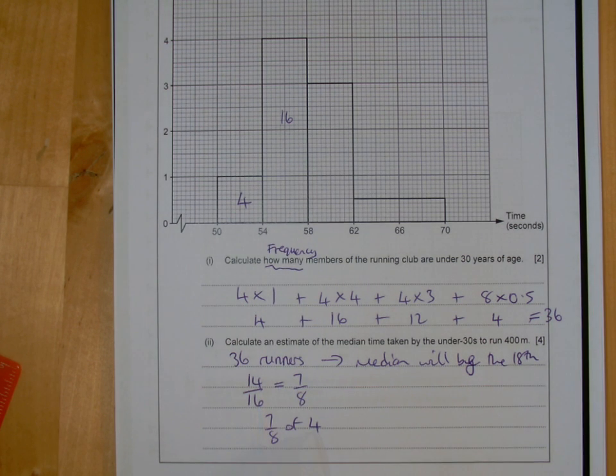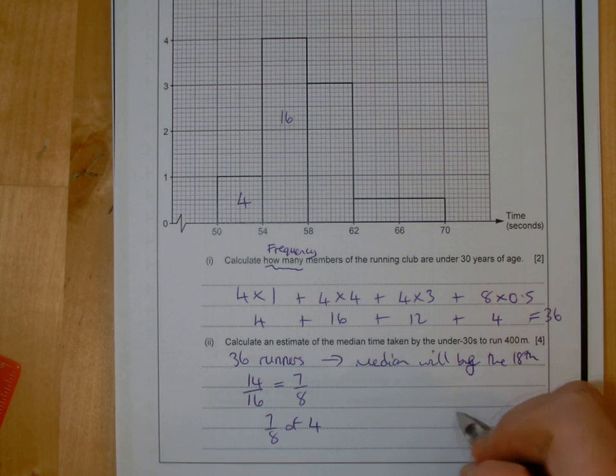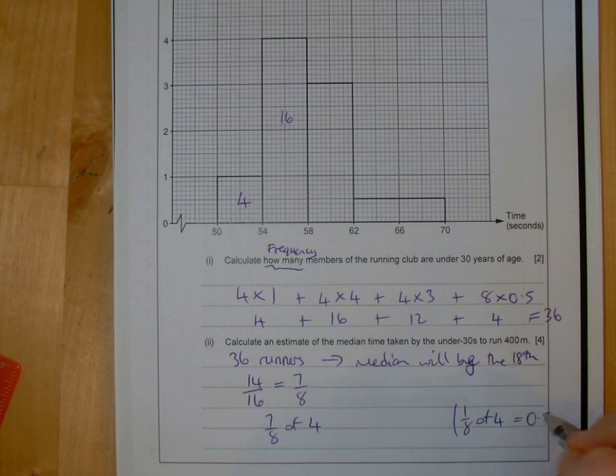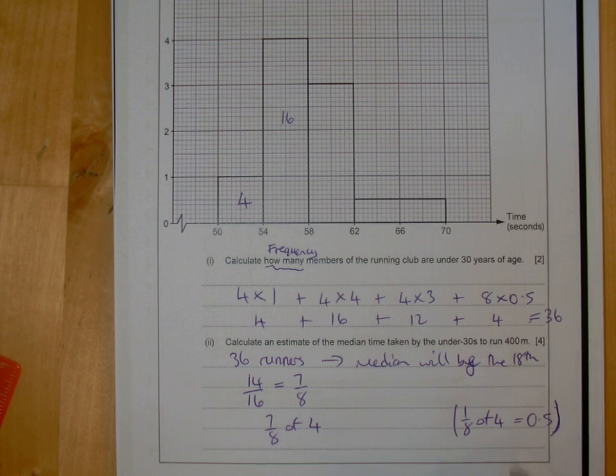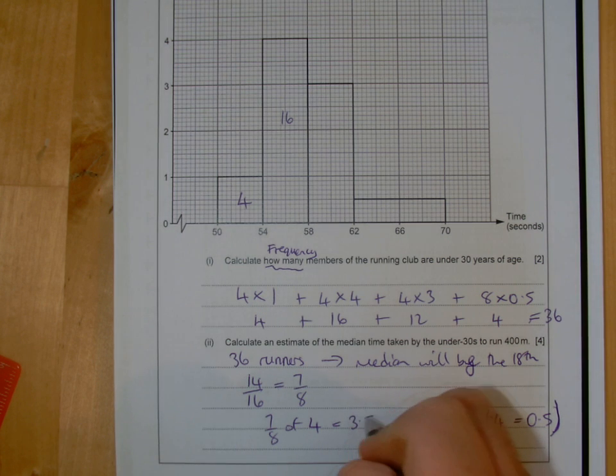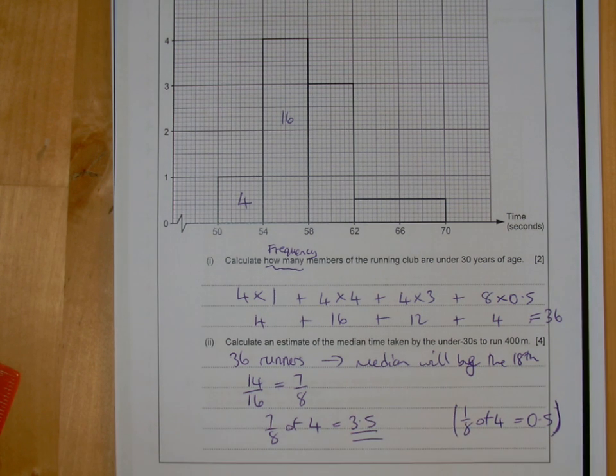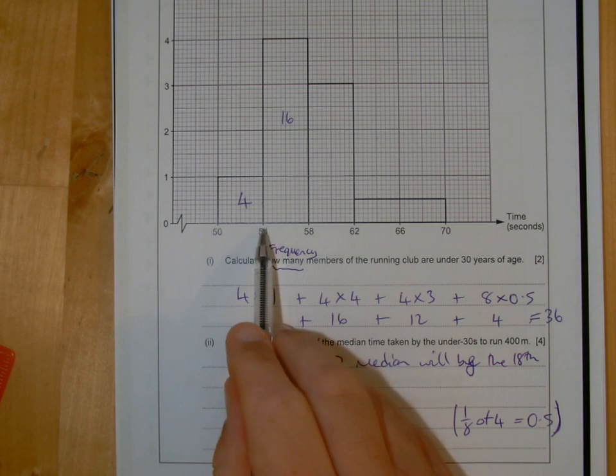Now 7/8 of 4 is quite easy to work out if you think about it, because 1/8 of 4 is just 4 divided by 8, which is a half. So 1/8 of 4 is a half. 7/8 then of 4 will be 7 lots of half, which is 3.5. So we're 3.5 seconds into this group.